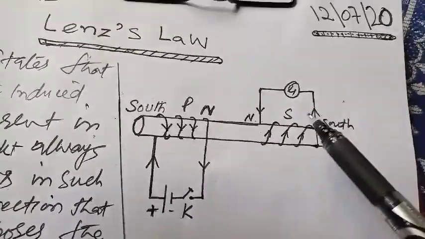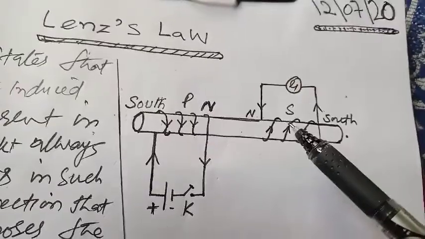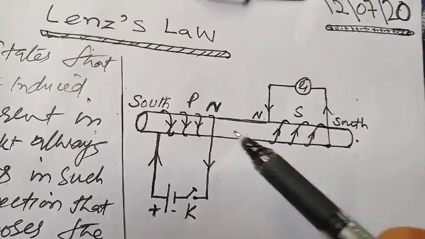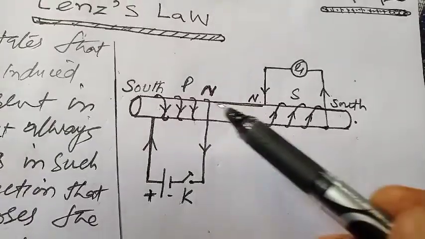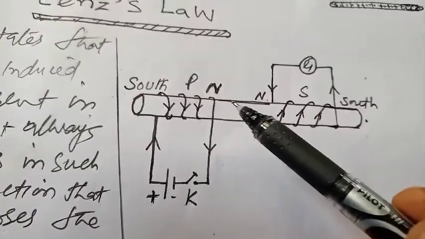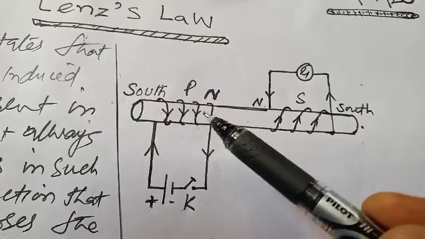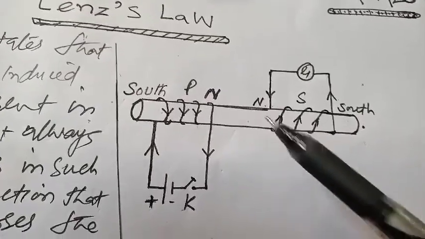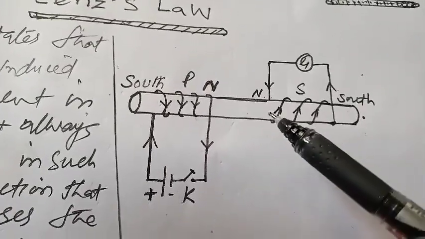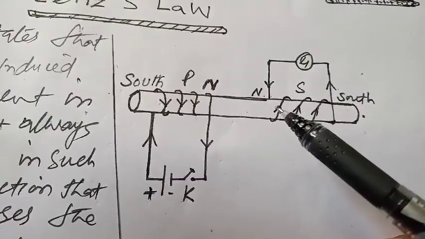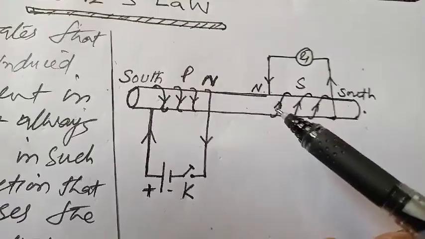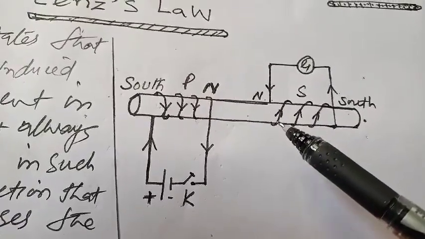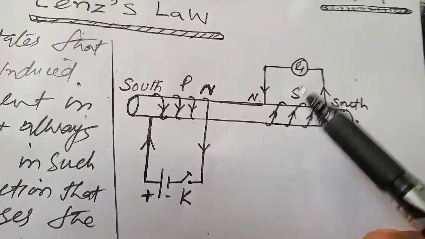Since the changing magnetic field of the primary is close to the secondary coil, this changing magnetic flux will also link with the secondary coil and induce EMF in it, due to which a current will flow through this coil.